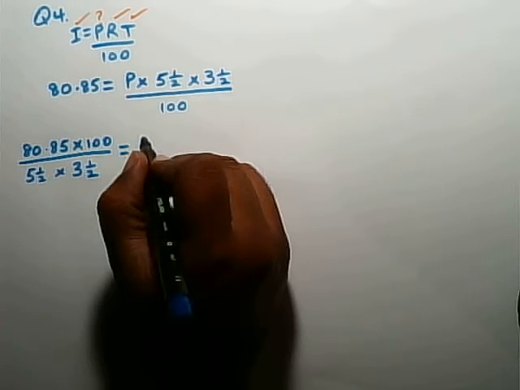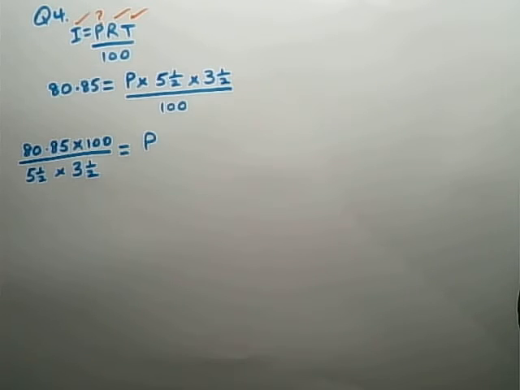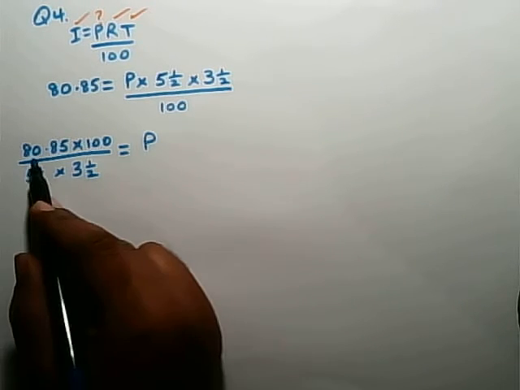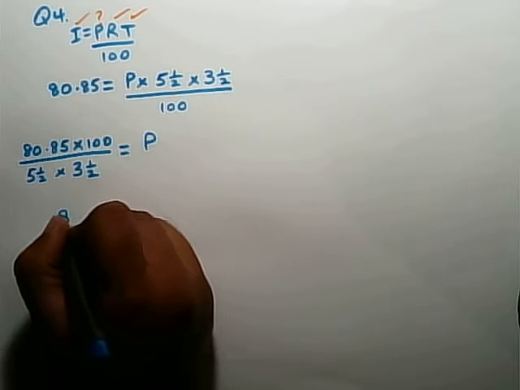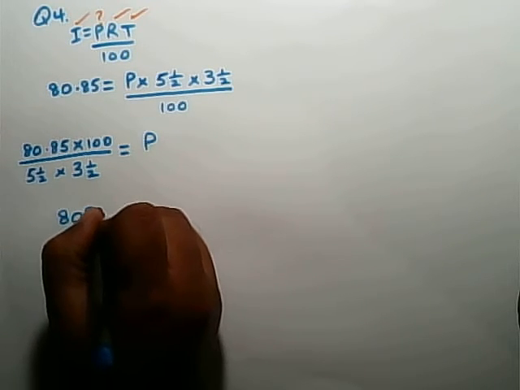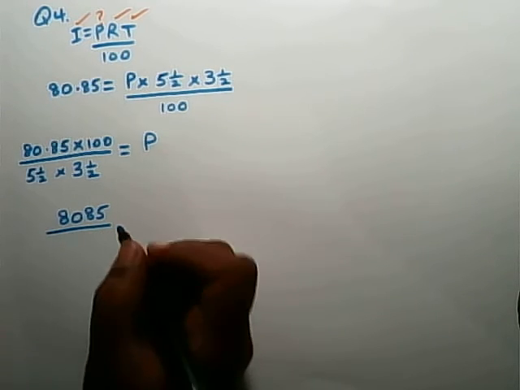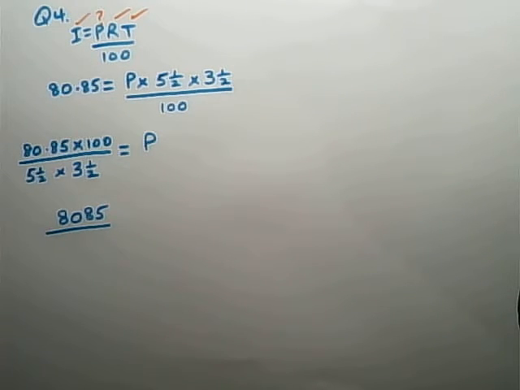That is equal to P. Okay, 80.85 times 100 will give you 8085 on top. Use your calculator, you'll see it.